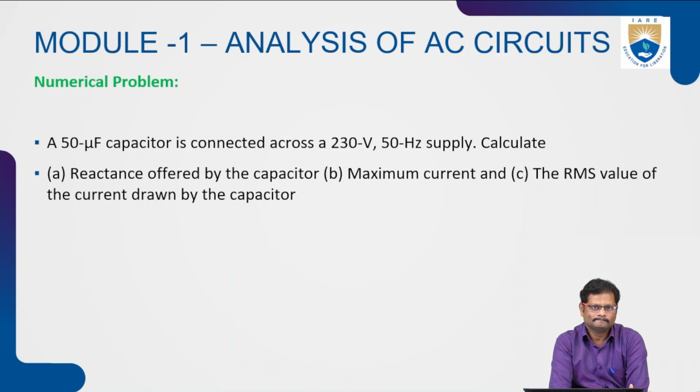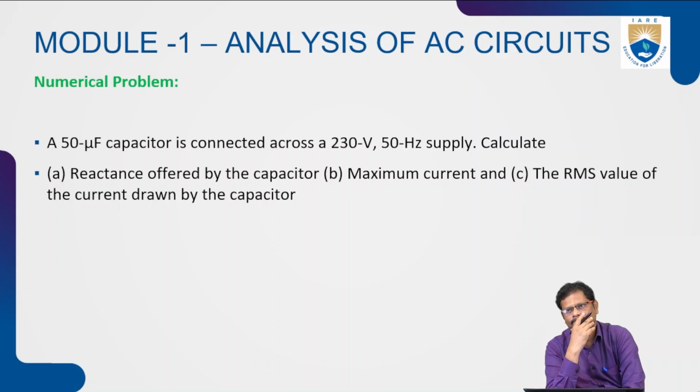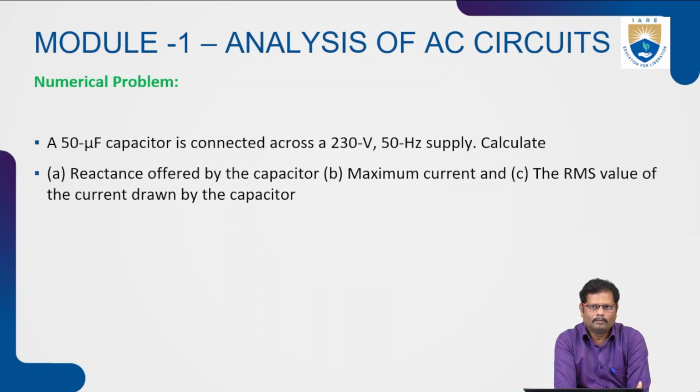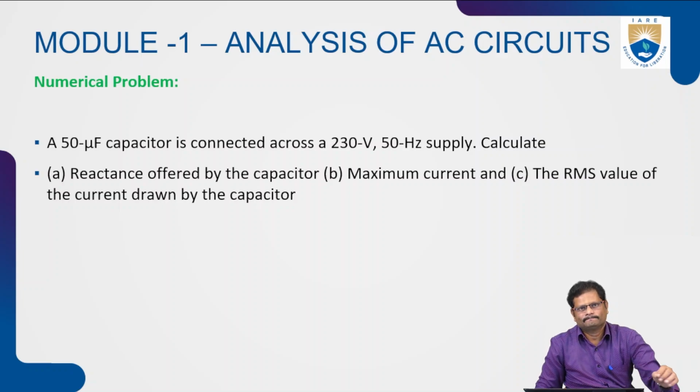Calculate A, the reactance offered by the capacitor, that is Xc. B, the maximum current Im, and the RMS value of the current drawn by the capacitor. We need to calculate the root mean square value or effective value of the current drawn by the capacitor.